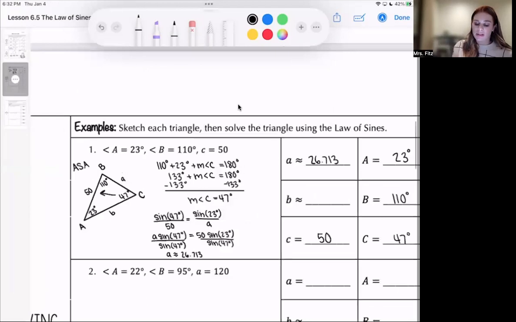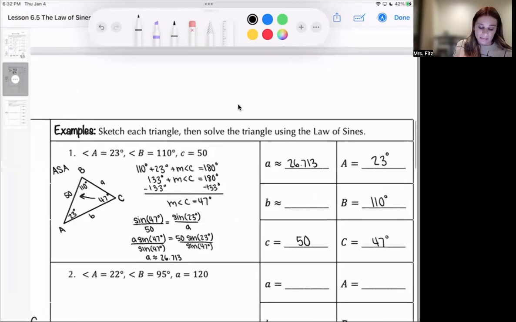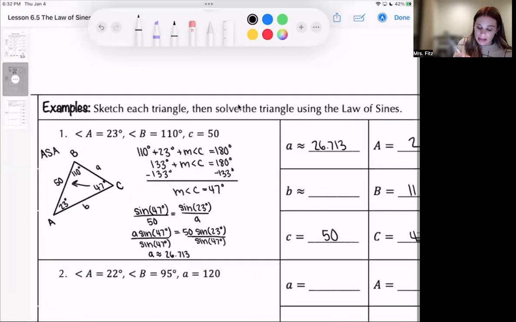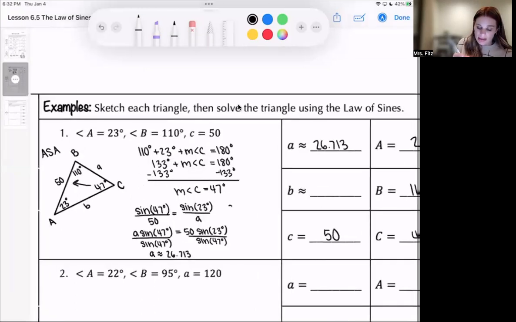All right, similarly, we're going to solve for B. So we're going to do sine of 47 degrees over 50 is equal to sine of B, angle B is 110 over little b. Go ahead and cross multiply. B times sine of 47 equals 50 times sine of 110.